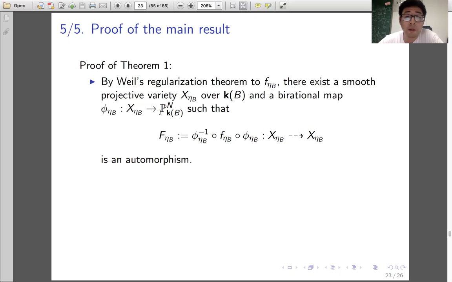Here it is just a rational map, it may not be a morphism, over K(B), such that the induced map phi_{η_B}^{-1} F_{η_B} phi_{η_B} from X_{η_B} to X_{η_B} is an automorphism.